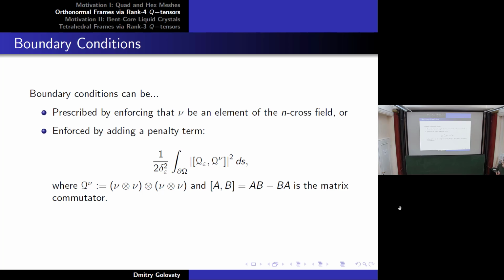So from the point of view of the tensor, it just means that the normal to the boundary wants to be one of the vectors in the frame. That condition can be imposed in two different ways, either strongly or weakly. Strongly means that you impose a constraint on the boundary. Or weakly, as is standard for people who are familiar with weak conditions imposed in the theory of nematic liquid crystals. This is a similar condition, except for higher order tensors.